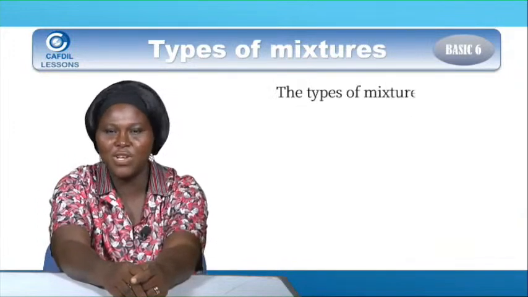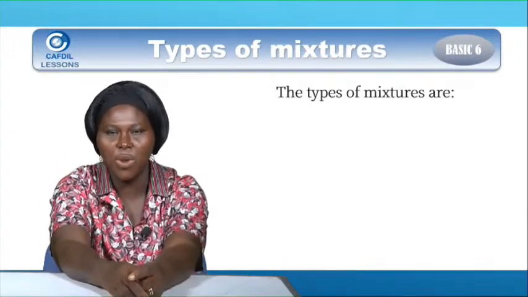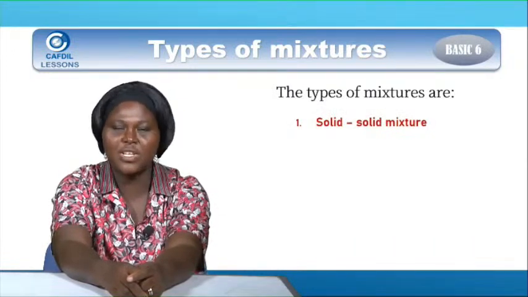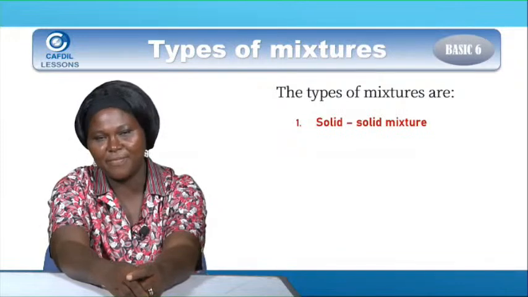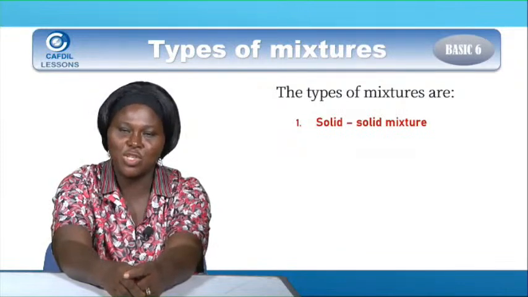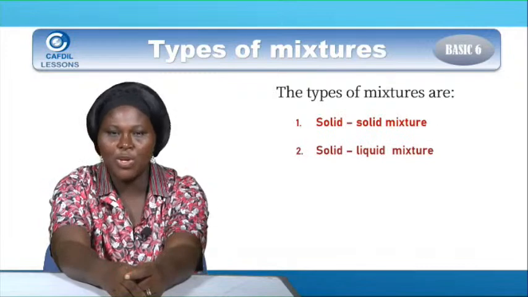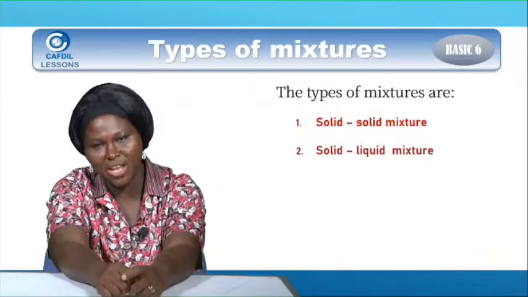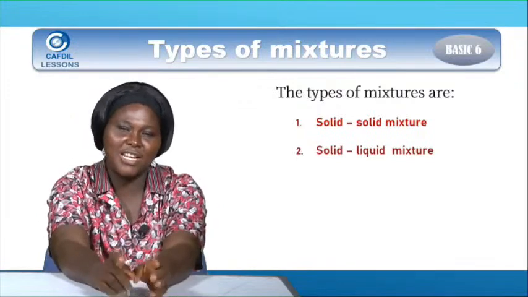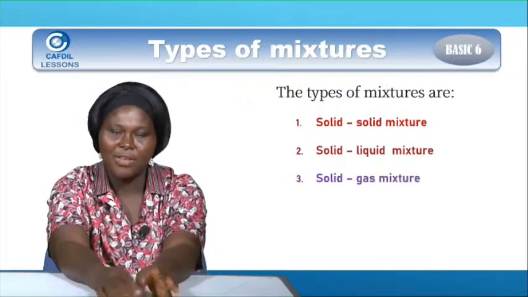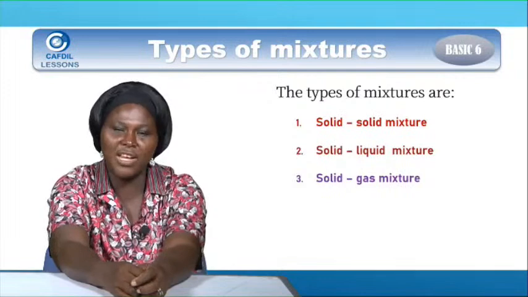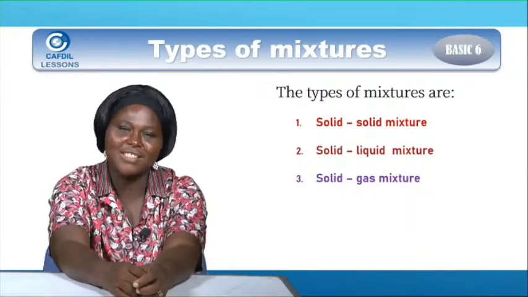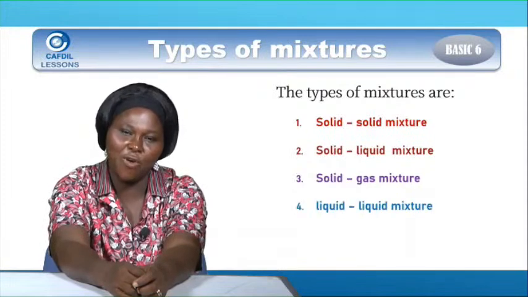So let's look at the types of mixtures we have. 1. Solid mixture. 2. Solid liquid mixture. 3. Solid gas mixture. 4.